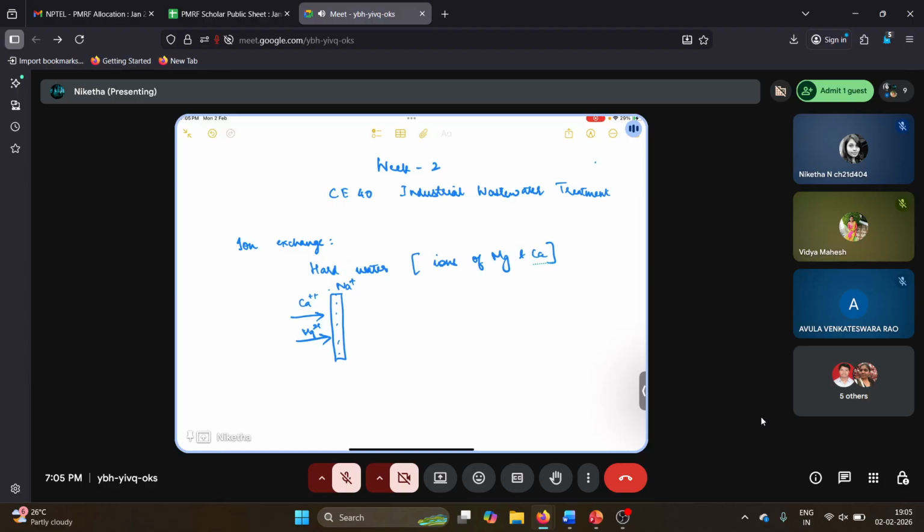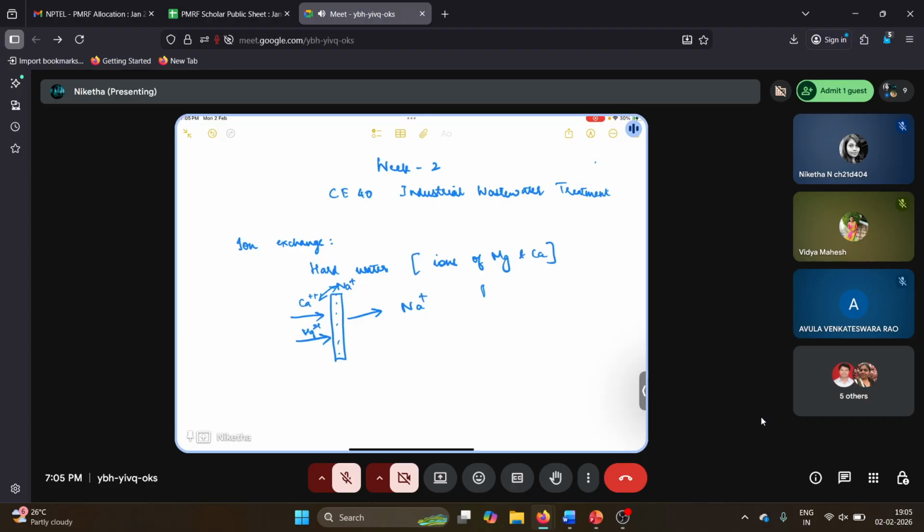Here, whatever calcium ions are there get exchanged with sodium, and then the outlet will have sodium ions instead. The calcium and magnesium ions get attached to the membrane instead. After a while, we have to regenerate the membrane. That is done by passing a solution of brine.